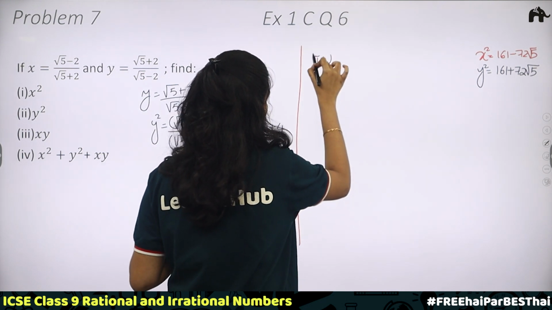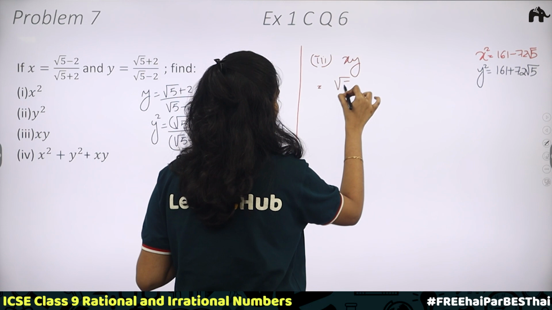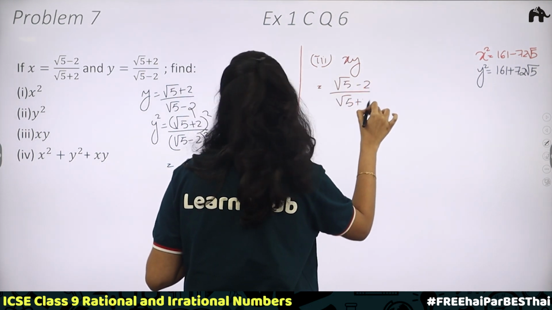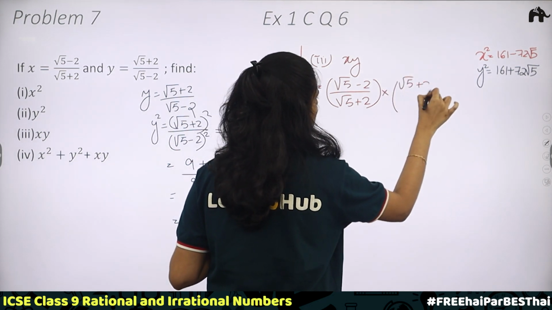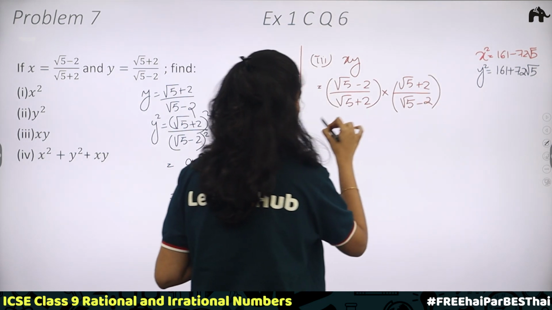So, the third part, to find xy. Here, x is equal to (root 5 minus 2) divided by (root 5 plus 2), and y is equal to (root 5 plus 2) divided by (root 5 minus 2). Okay.